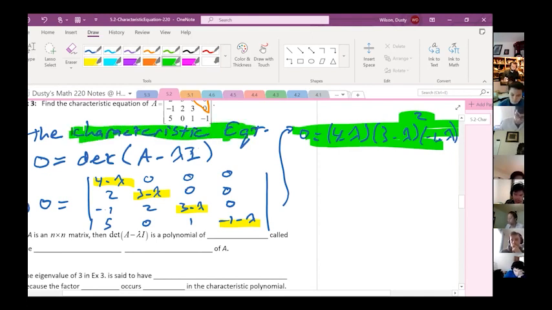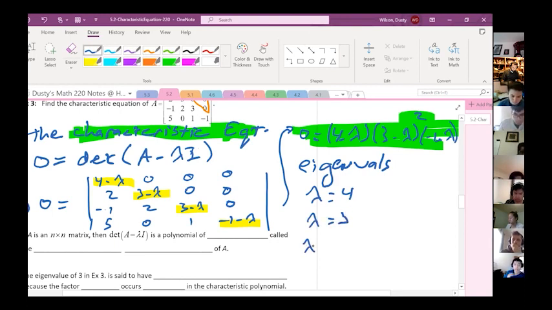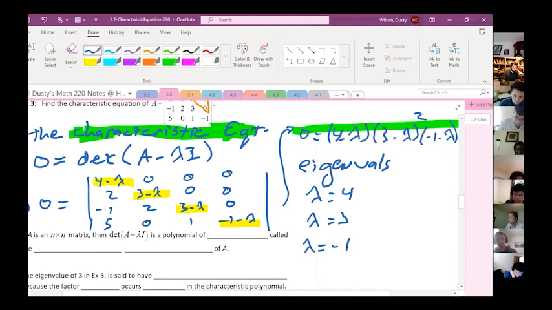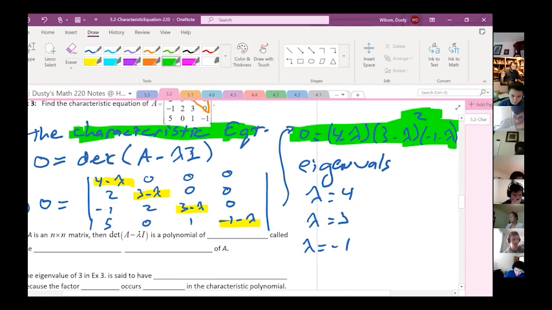Okay. So this tells us that our eigenvalues are lambda equals 4, lambda equals 3, and lambda equals, what do we have, -1. So I want to point something out here, that you have the 3 eigenvalues, and there's something kind of special happening around lambda equals 3.